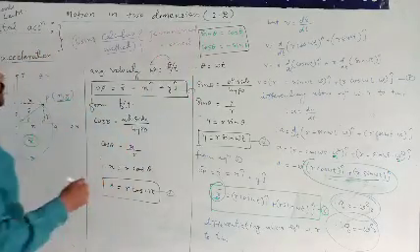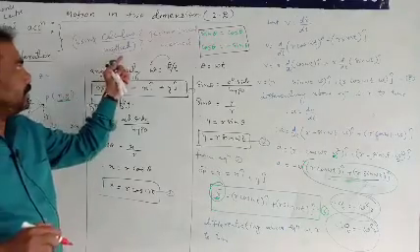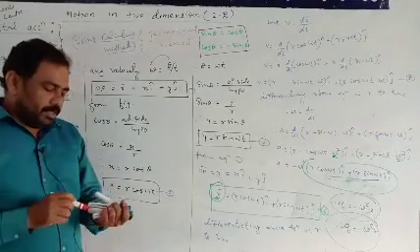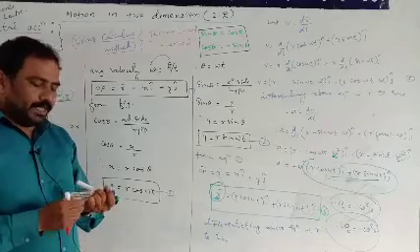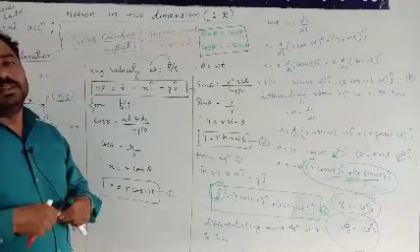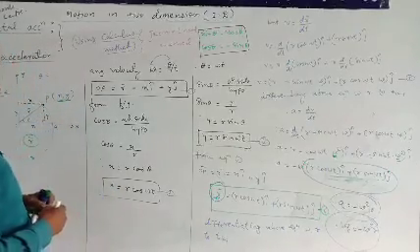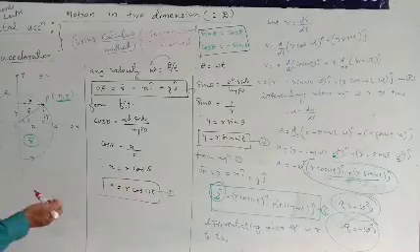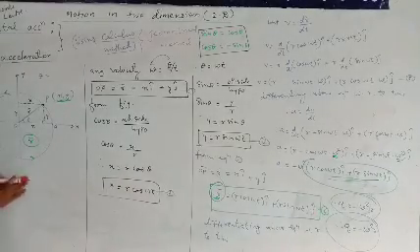So using these two methods, one is calculus, another is the geometrical method, we have seen the magnitude of centripetal acceleration. So what about the magnitude of centripetal acceleration?